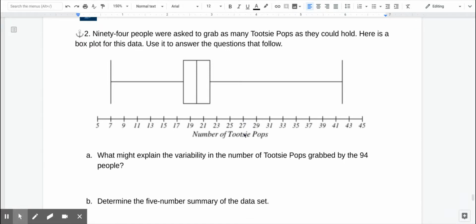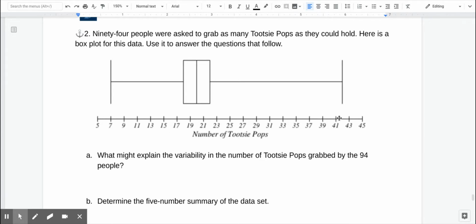now I have a data set expressed in a box plot so that I can try to figure out what is going on here with this. So for A, what might explain the variability is the hand size. Maybe the person who grabbed only 7 was a small child.